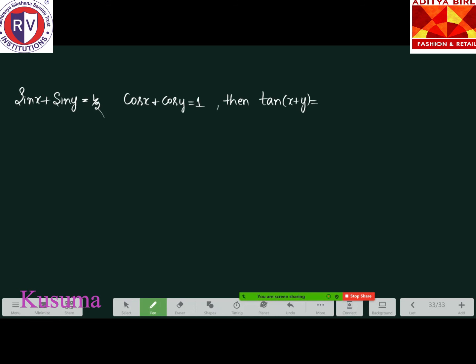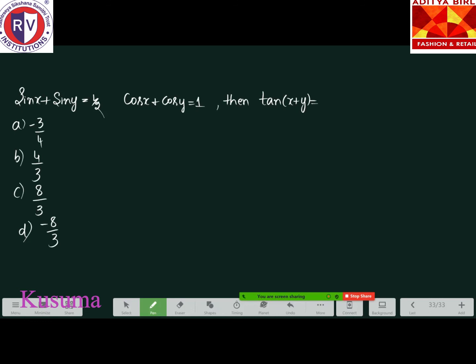So sin x plus sin y is given and cos x plus cos y is given. We have to find out what is tan of x plus y. The options are: A, minus 3 by 4; B, 4 by 3; C, 8 by 3; and D, minus 8 by 3.